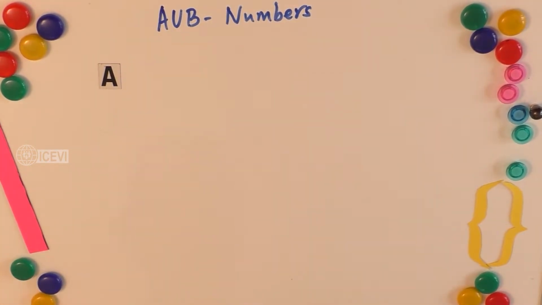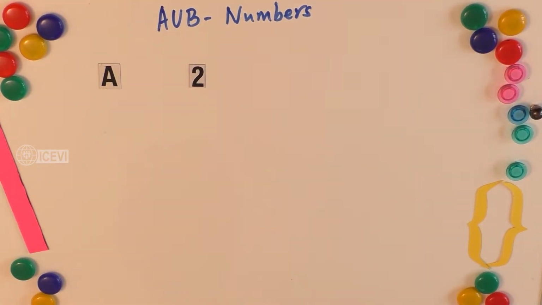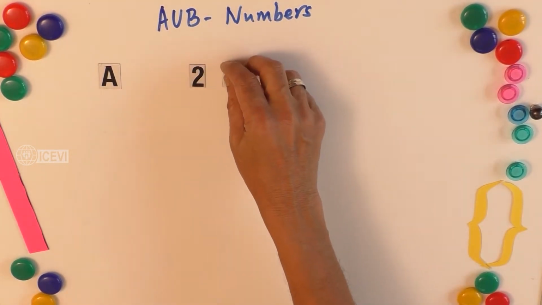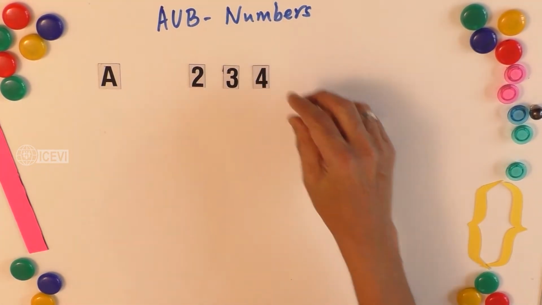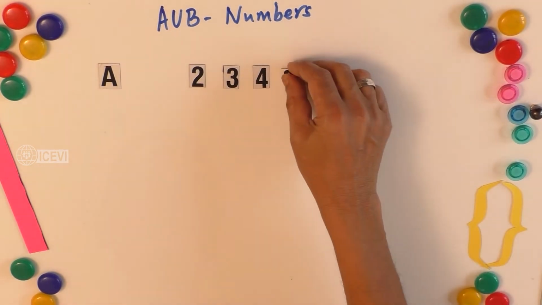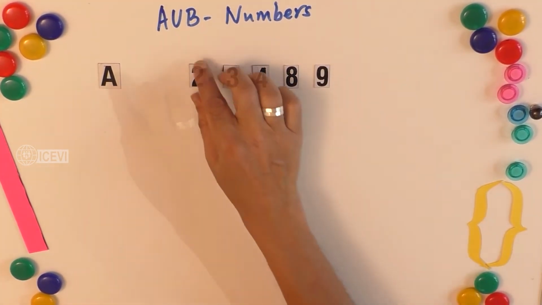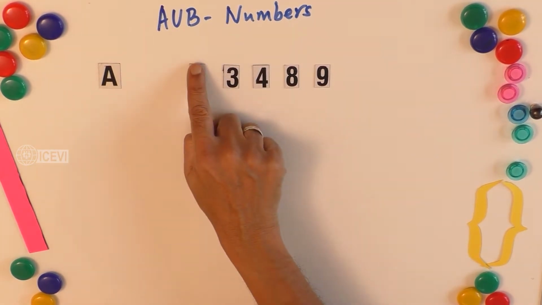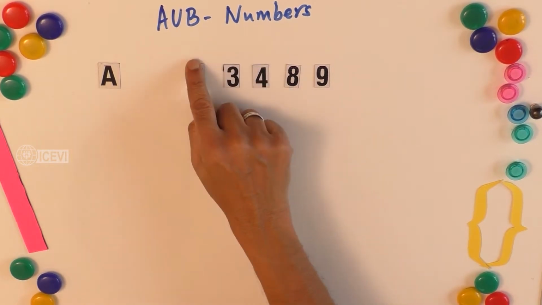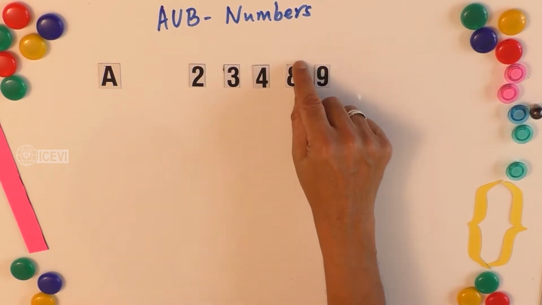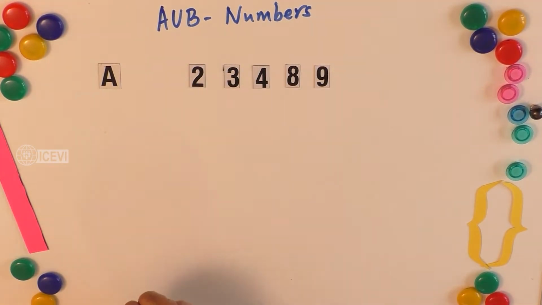So, let us say that the set A has the numbers 2, 3, 4, 8 and 9, and these have braille markings. So, the child will be able to use these as good references.